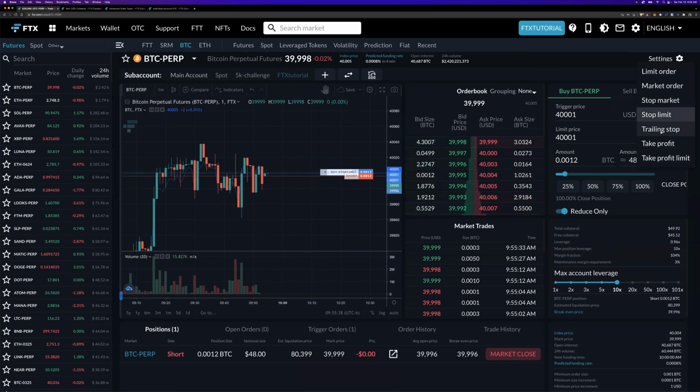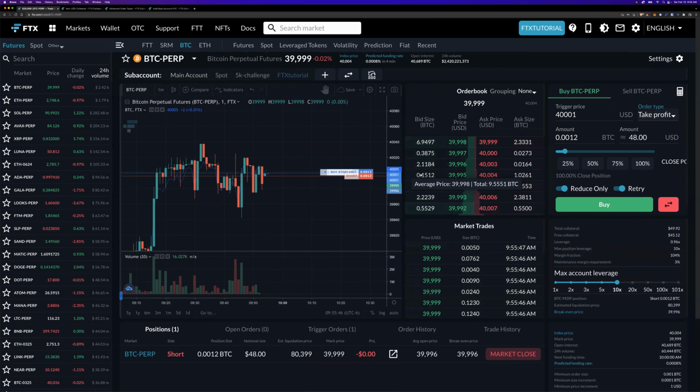Let's take another look at other orders. I'll do the trailing stop last because that's a little bit more complicated. And we'll do take profit. Now, take profit is sort of similar. We're going to do take profit for the short order that we're in. And we'll say, get me out of my position at 39,993.